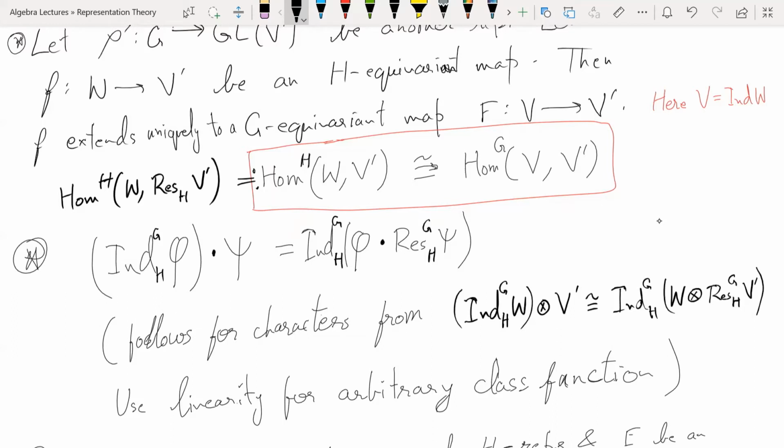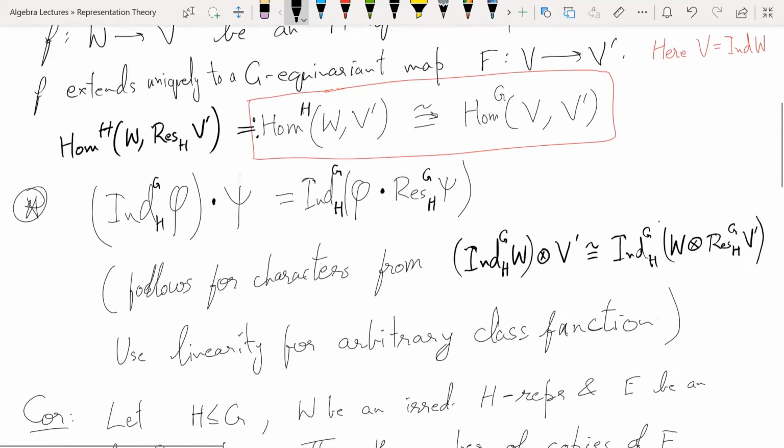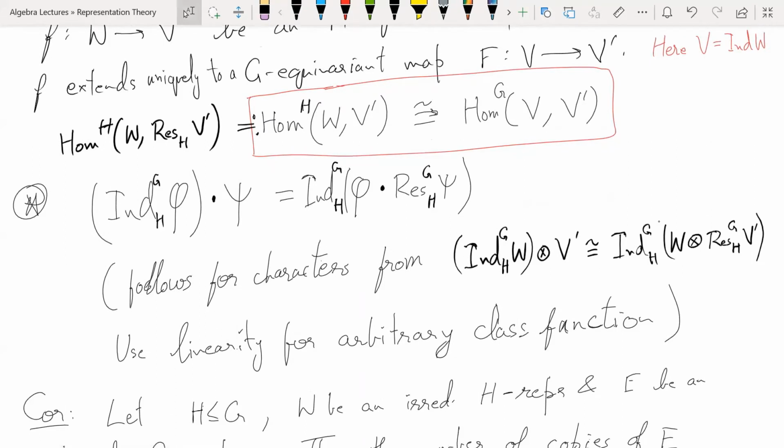So once you prove it for characters, it works for all class functions. You use linearity for an arbitrary class function. So that's another formula involving Ind and Res.